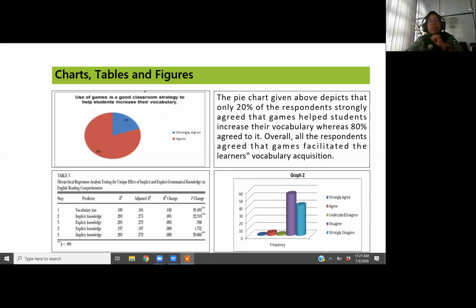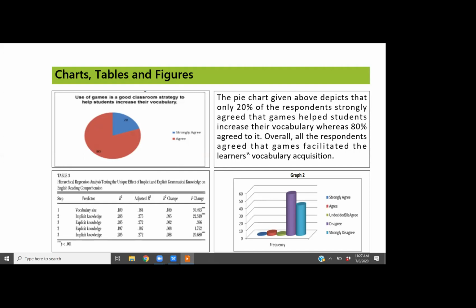So twice, you don't have to do that. And for the figures, it should be written below. Basically, it should also revert back to the rules or the guidelines used in your university or your study program. And here, let's see the pie chart.